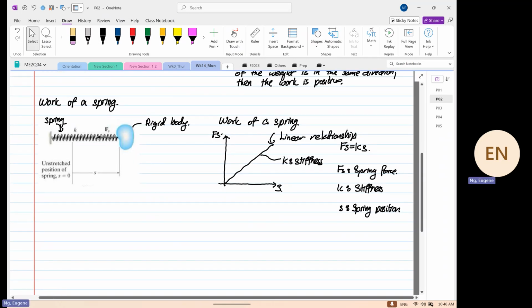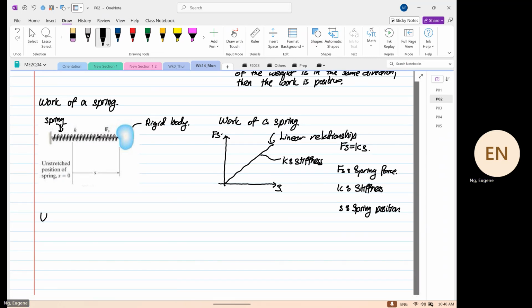So the work on the spring we usually express as Us will be equal to half Fs multiplied by S. Note, as we have written before, Fs is equal to Ks.